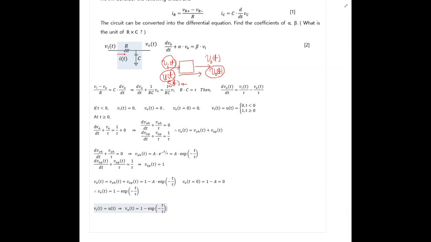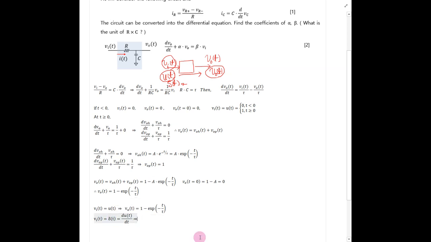we would like to find out the impulse response. It means that if we try input with delta t, then you know that delta t is the differential of the unit step, the derivative of the unit step, and this value equals the delta function.